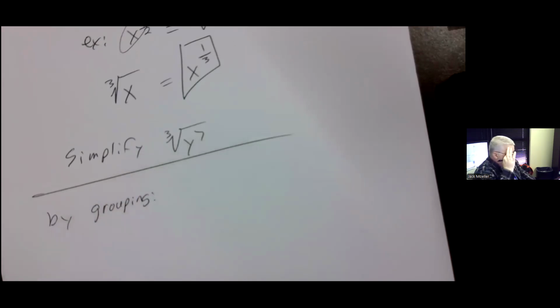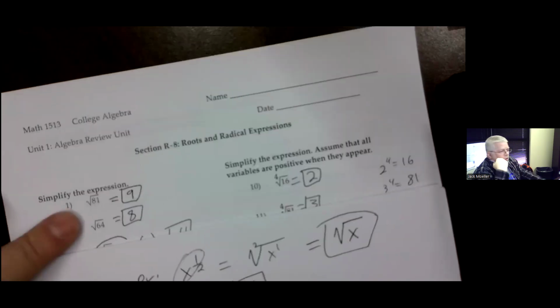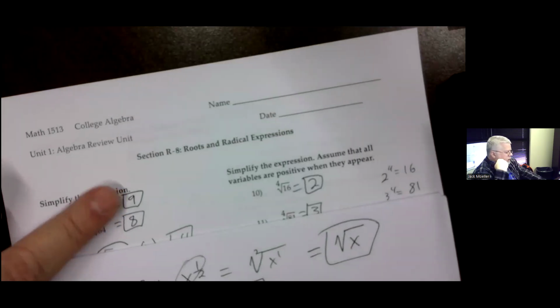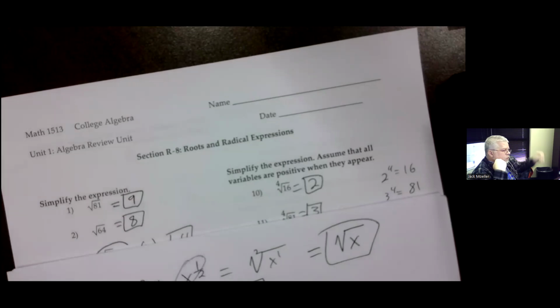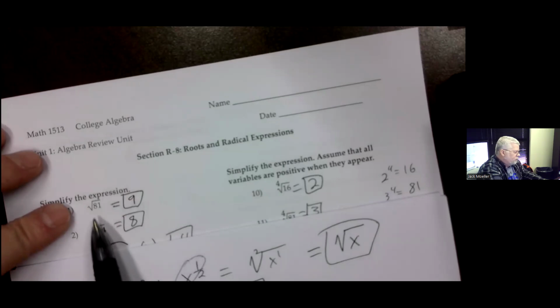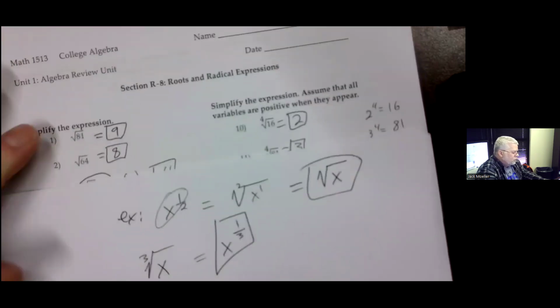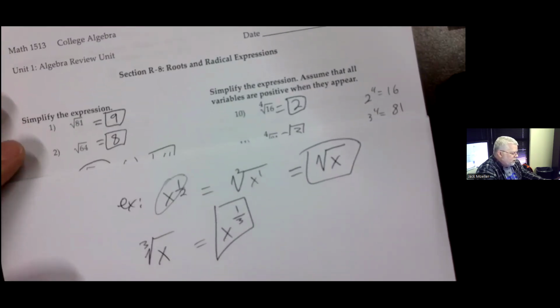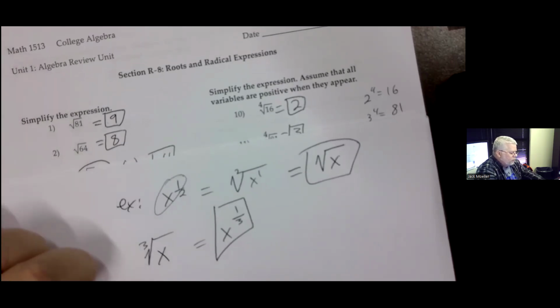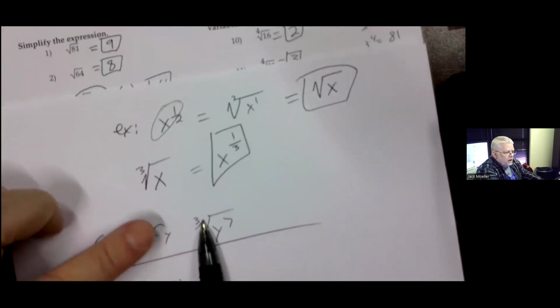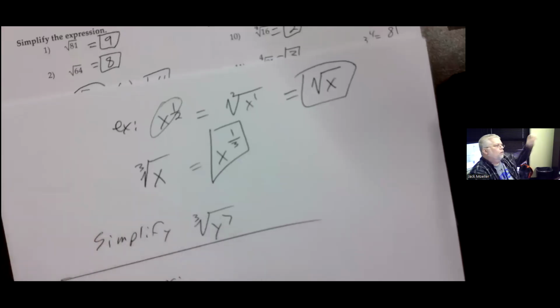So let's look at what the grouping method would look like. When we're simplifying radicals, like when we simplify the square root of 81, the reason it's 9 is that we're trying to pull out the perfect squares and perfect cubes outside the radical and then see if there's anything left over. For these perfect squares, there was nothing left inside the radical because 9 times 9 was 81. So in the grouping method, we want to find perfect squares, perfect cubes, perfect fourths, whatever the radical is, and for every one of those, we pull one out.